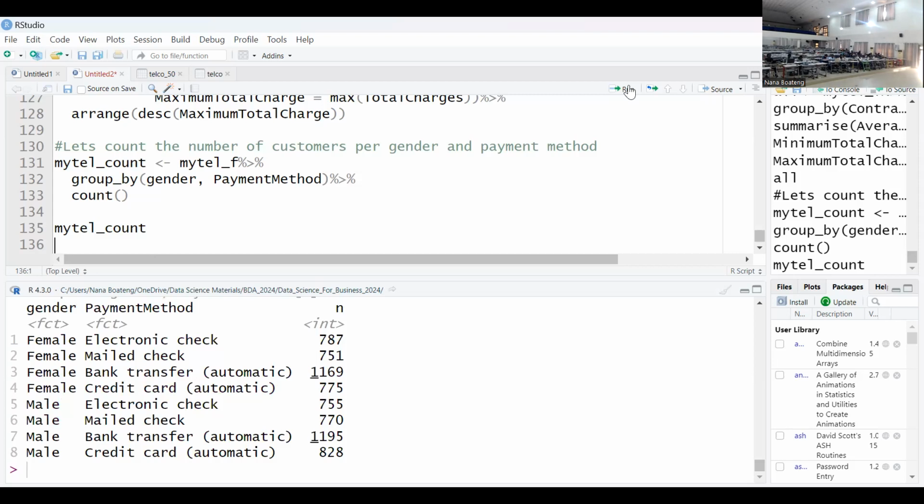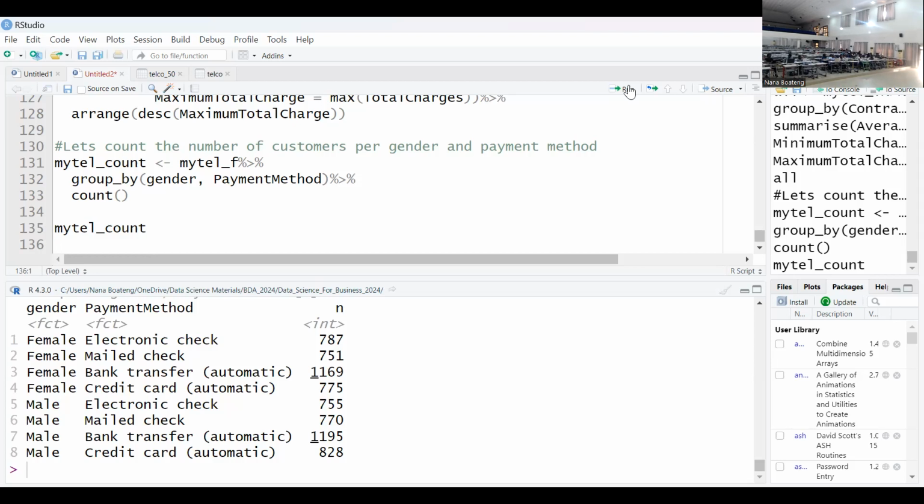So gender: for electronic check, female and male. We have female check, male check, female bank transfer, also male bank transfer. And it gives us the number for each category. All right? Any question on this?